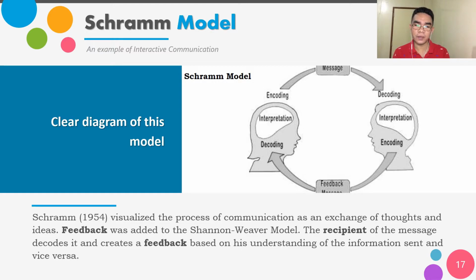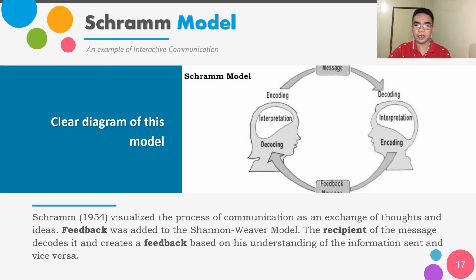The recipient of the message decodes it and creates feedback based on his understanding of the information sent, and vice versa. So there is only one element added to the Shannon-Weaver model, and that is feedback. Because of the feedback, it became the Schramm circular model. Why did I say circular? Because as you can see on the diagram, there is a circular-shaped system in the communication process.